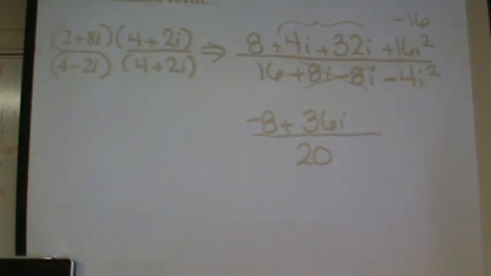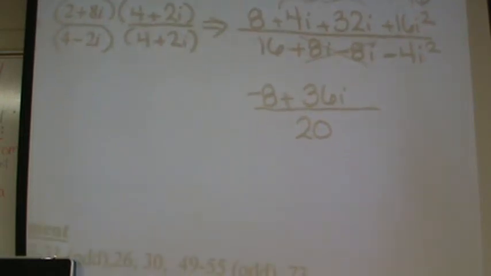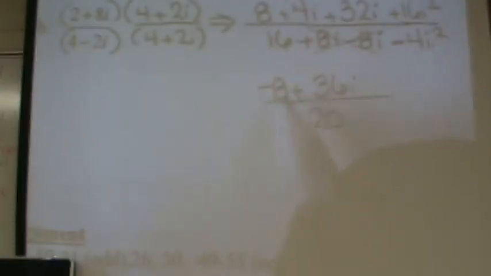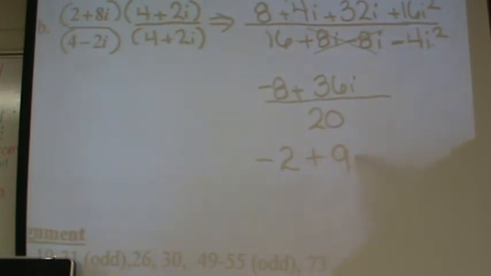What number goes into negative 8, 36, and 20? 2 does, but is there a bigger number? 4 goes into all three of these. So if you pull a 4 out of all these, what do you get? Negative 2 plus 9i over 5.